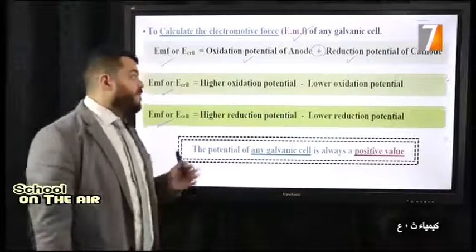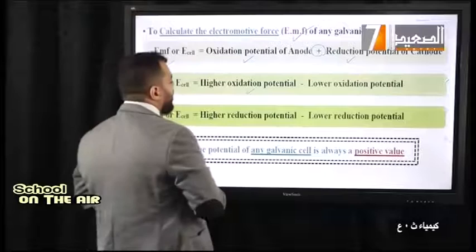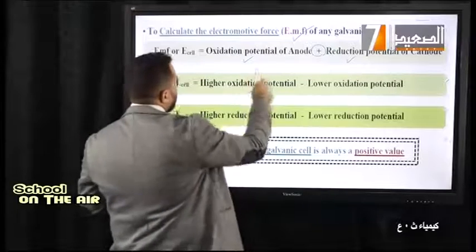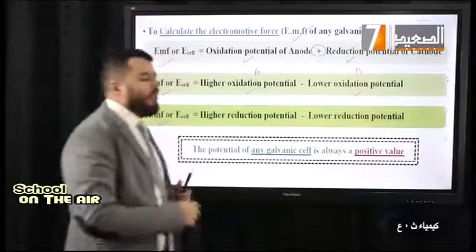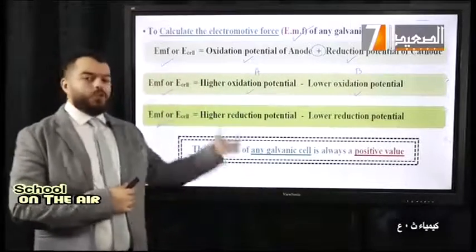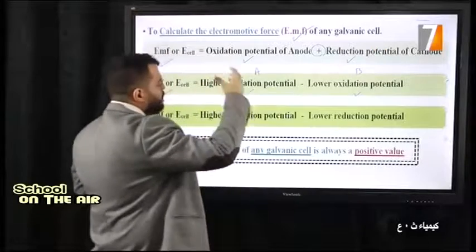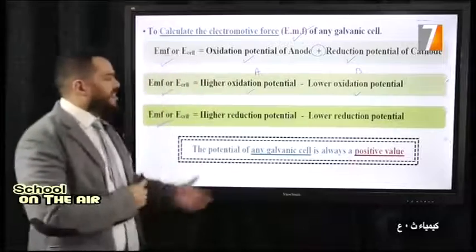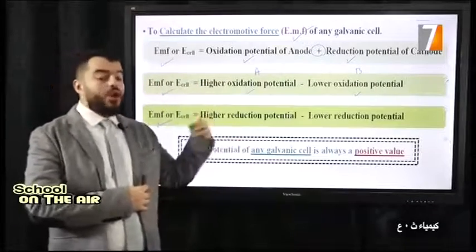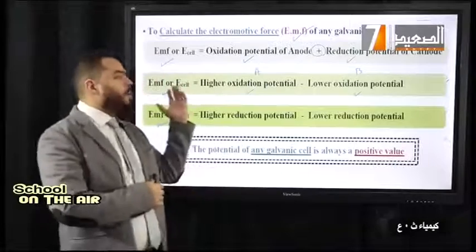And if I give you the oxidation potential of an element and the oxidation potential of another, you will measure the electromotive force by making the higher oxidation potential minus the lower oxidation potential, so the oxidation potential of the anode minus the oxidation potential of the cathode.